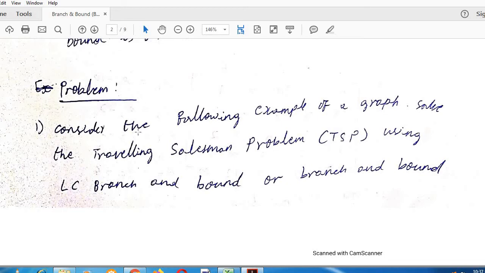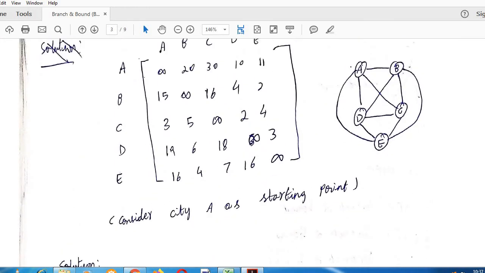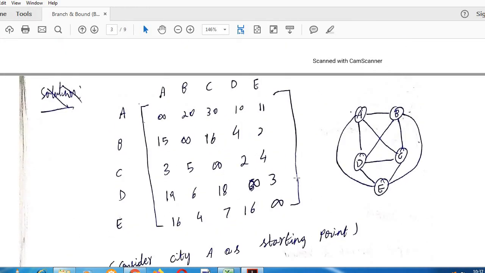The problem statement is as follows. Consider the following example of a graph. Solve the traveling salesman problem using least cost branch and bound algorithm. Here we are given an adjacency cost matrix.